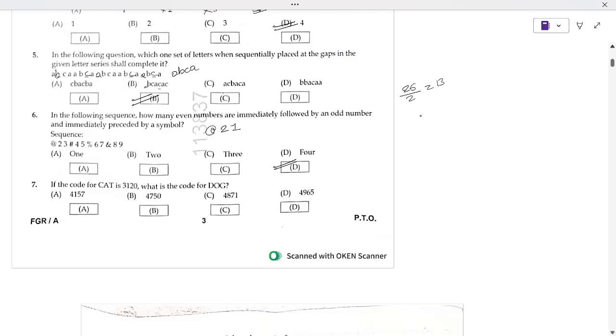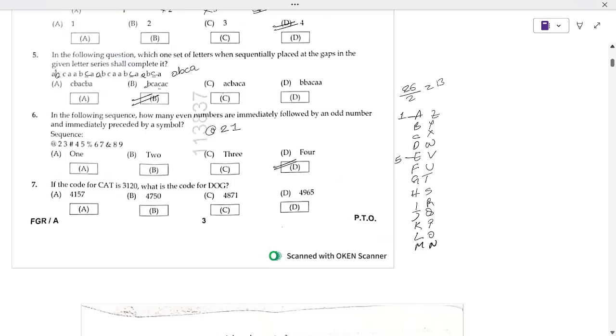A B C D E F G H I J K L and M N O P Q R S T U V W X Y and Z. Their corresponding numbers: A is 1, then B will be 2, C 3, D 4, E 5.